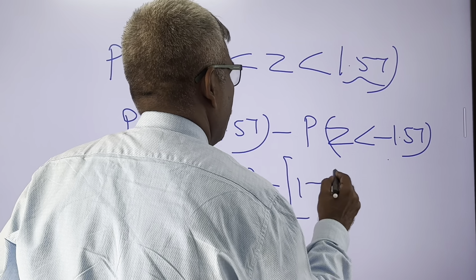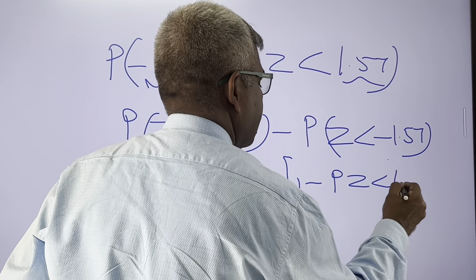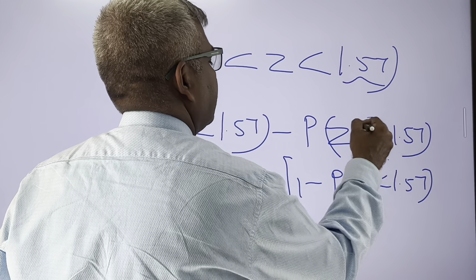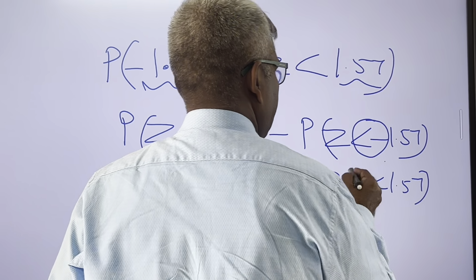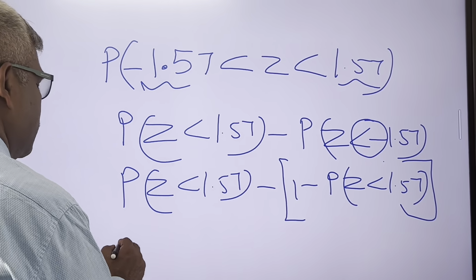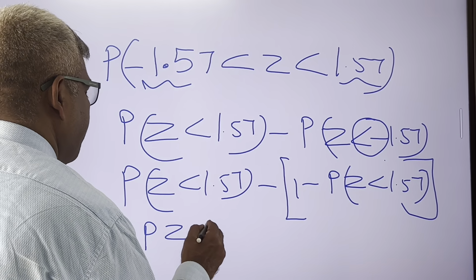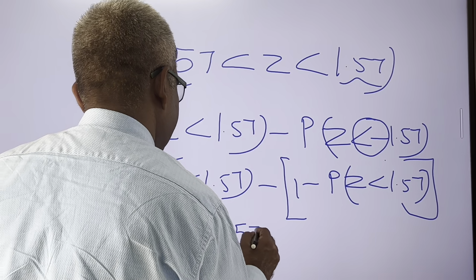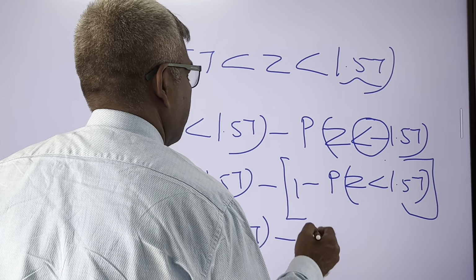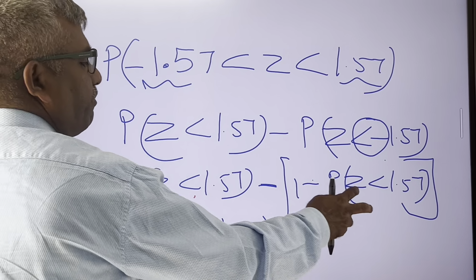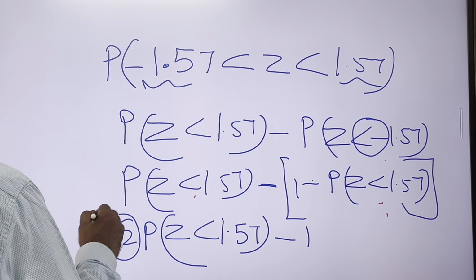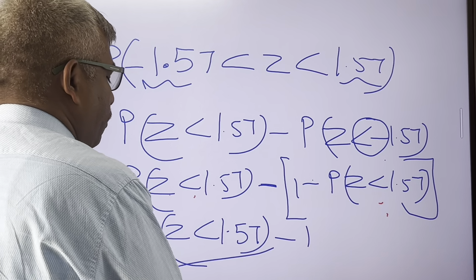Minus 1 minus probability Z is less than 1.57, because this will become greater than, which will become 1 minus. So 2 probability of Z is less than 1.57 minus 1, because this minus here will be plus.